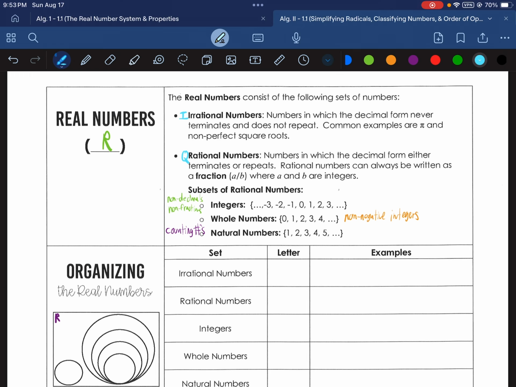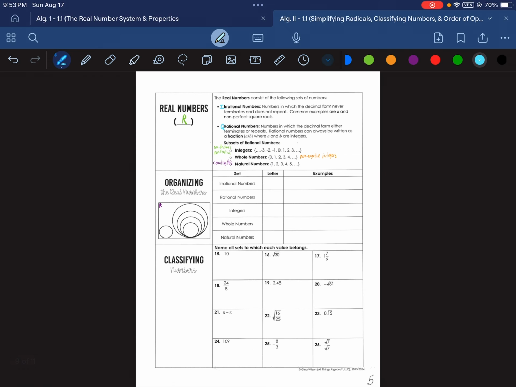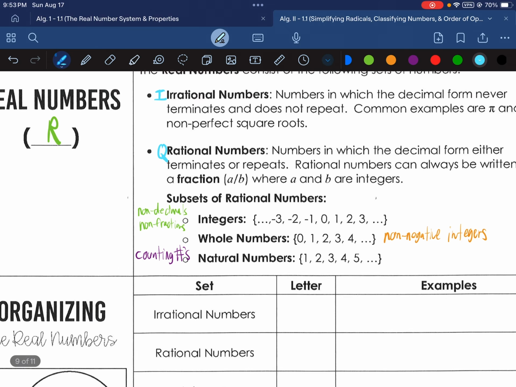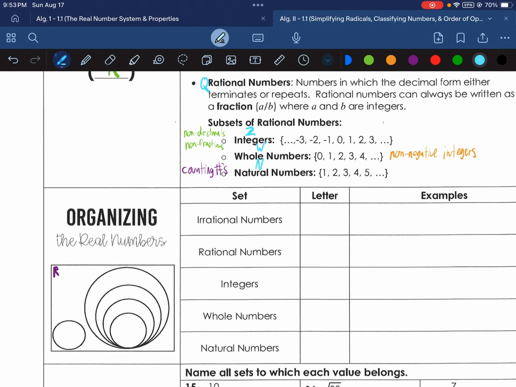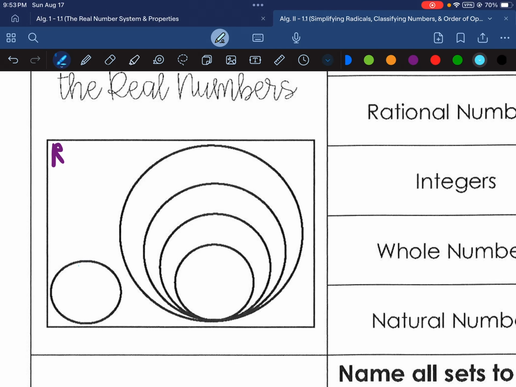Integers, we can't use I since we've used I for irrational, so for integers we're going to use capital Z, as in zebra. For whole numbers, we're going to use capital W, and for natural numbers, we use capital N. Good idea to take note of those. So here, off in this group are the irrational numbers, or this group are the rational numbers. The first subset smaller than rational are integers, smaller than integers are whole numbers, and smaller than whole numbers are natural.